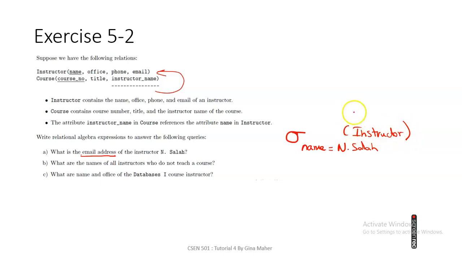So this part will get us the row where we have an instructor with name n.salah. Do we need the whole row or a specific attribute? Actually, we need a specific attribute, which is the email. So we are going to project on this one and get the email.